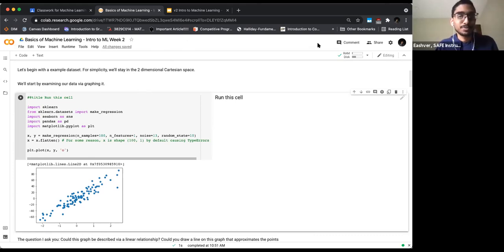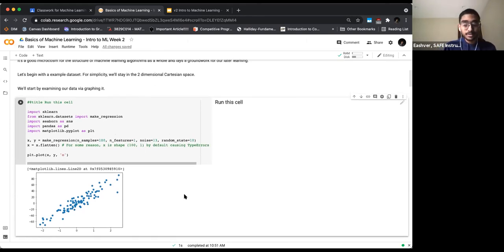So if you can notice here, we can talk about our data set now. So we have a set of points, and our X values are our inputs, and then our Y values are our outputs. So if we consider this in the terminology that we know, our X value is the feature, and our Y value is the label.